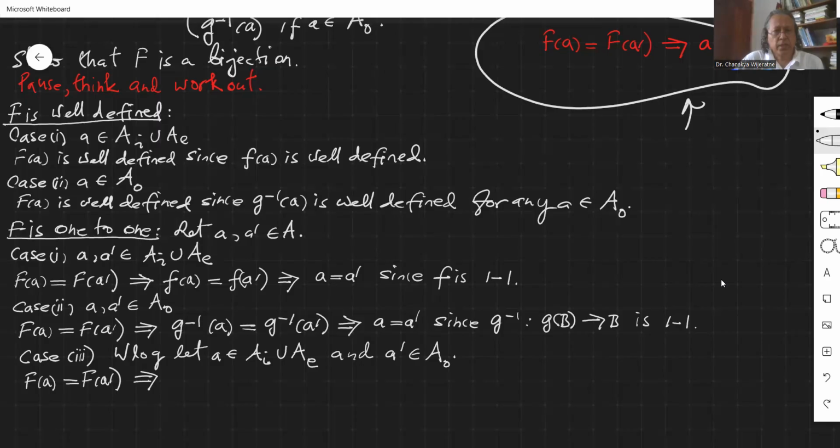Since A belongs to AI union AE, we have that capital F of A is equal to simple f of A, and capital F of A prime is G inverse of A prime, since A prime is in AO. So now what can we conclude here?